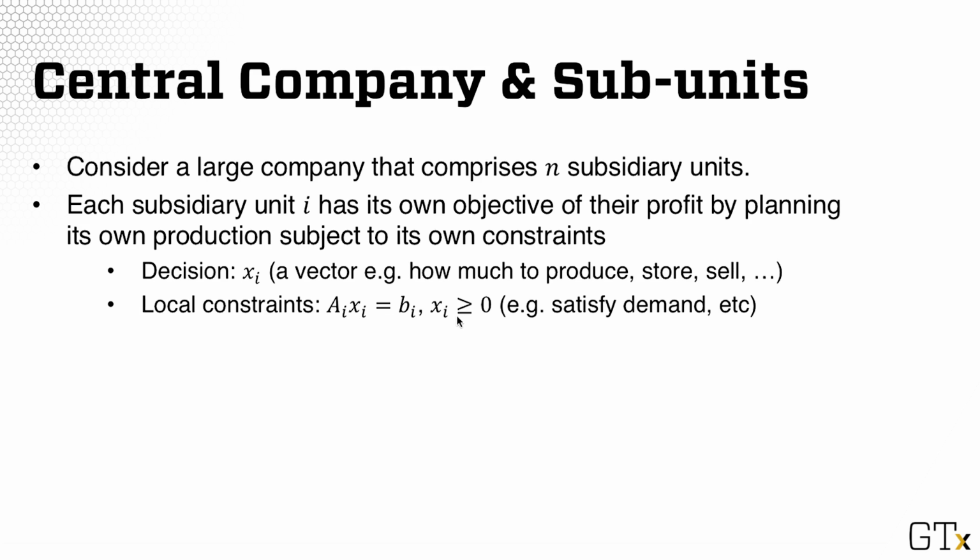This kind of local constraint can be anything that the subsidiary unit needs to consider. For example, they need to satisfy their own customer demand, and they have their own production capability limits, and so on. So each subunit has its own decision and its own constraints. Of course, it also has its own profit function.